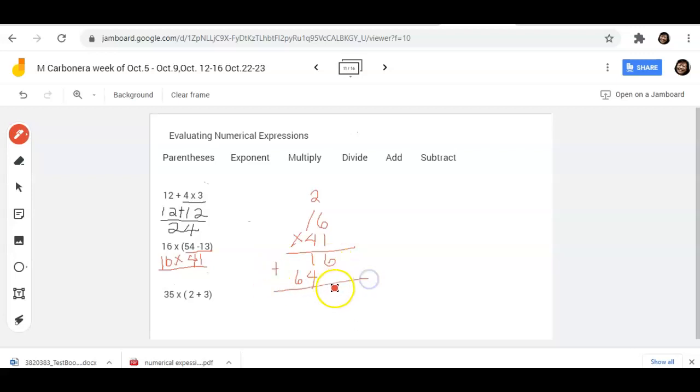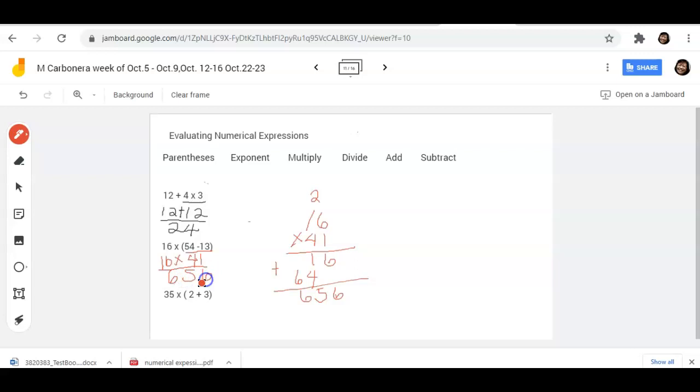Okay? We bring down the 6, 1 plus 4 is 5, and then bring down 6. So therefore, the value of 16 times open parenthesis 54 minus 13 closed parenthesis is 656.